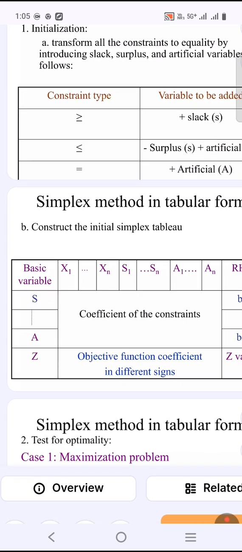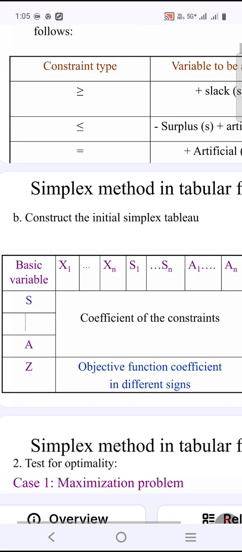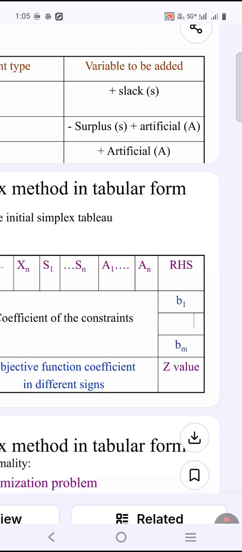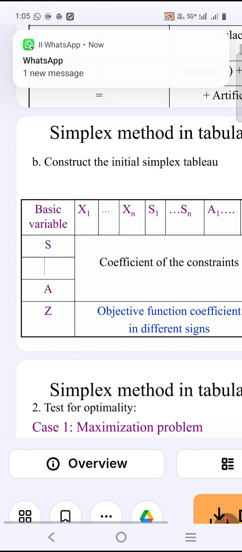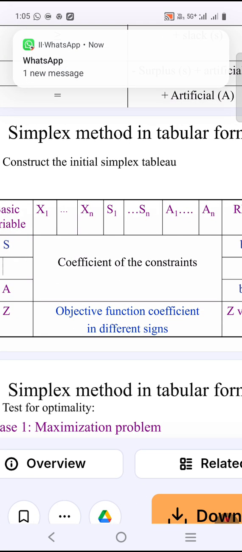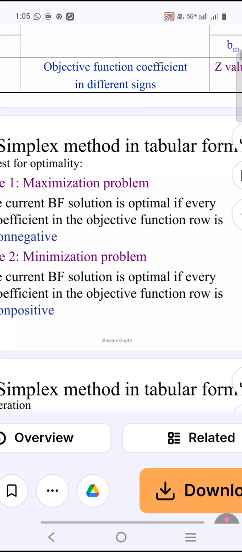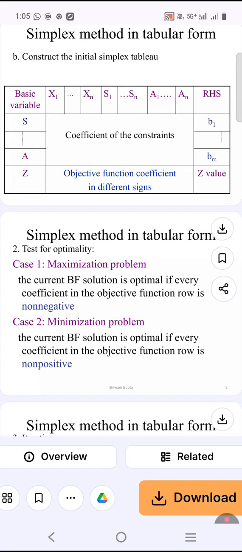The basic variables are the slack and artificial variables, and the columns hold the coefficients of x1 up to xn, the slack or surplus variables s1 to sn, and the artificial variables a1 to an. The RHS is b1 up to bm, and z is the objective function row with its coefficients and z value. Next is the test of optimality.